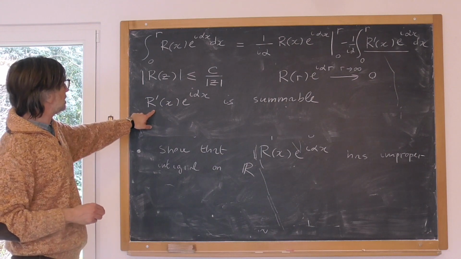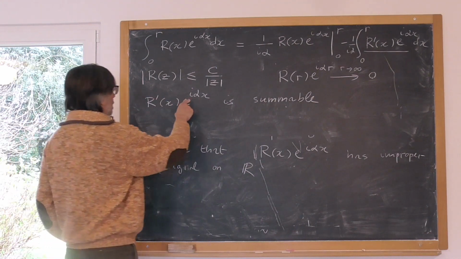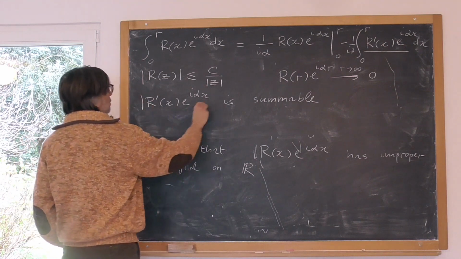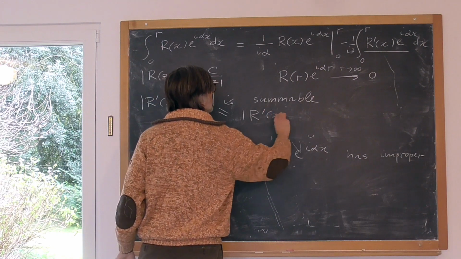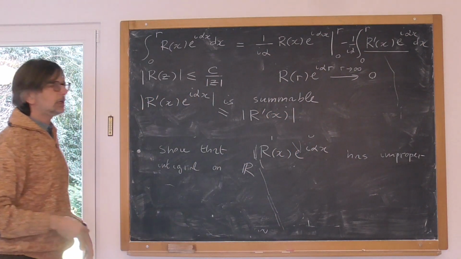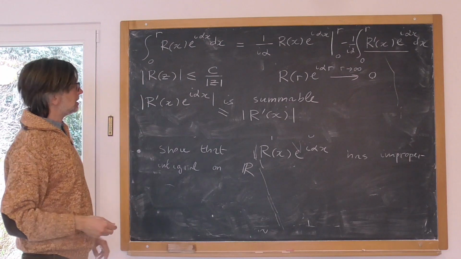So why is this summable? The absolute value of this is of course just the absolute value of r prime. So what we have to show is that r prime is summable.